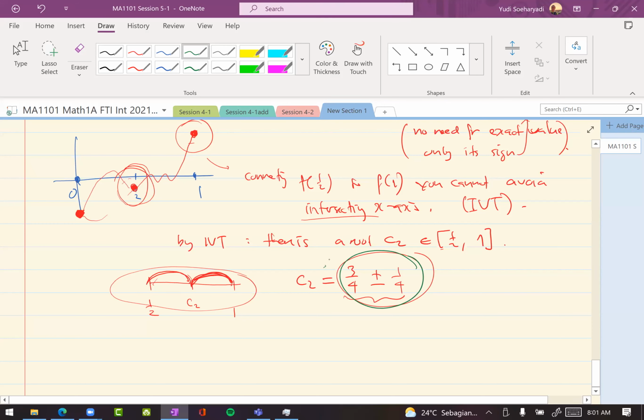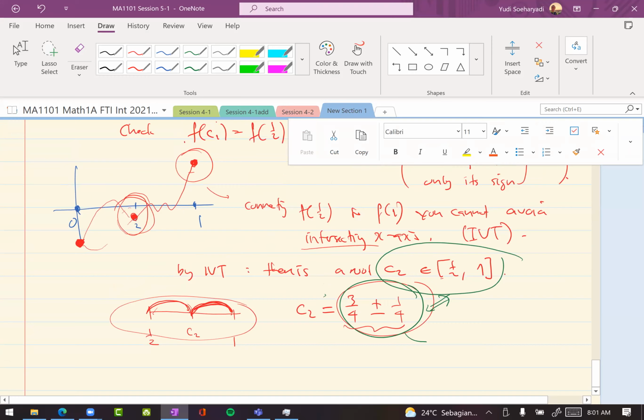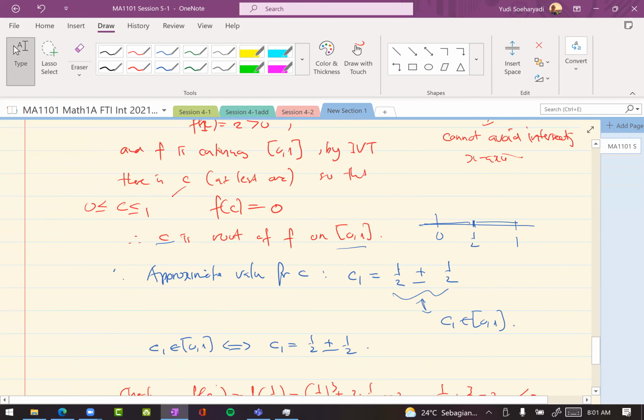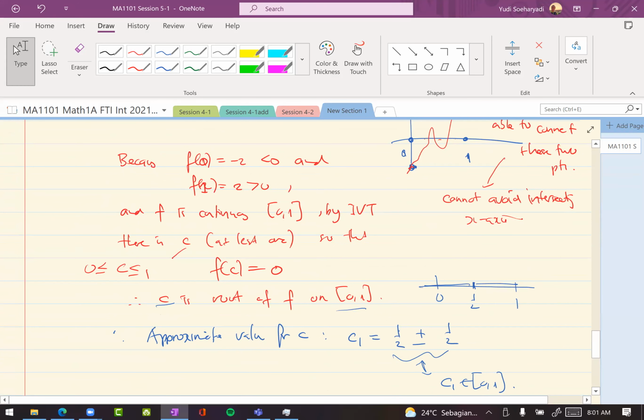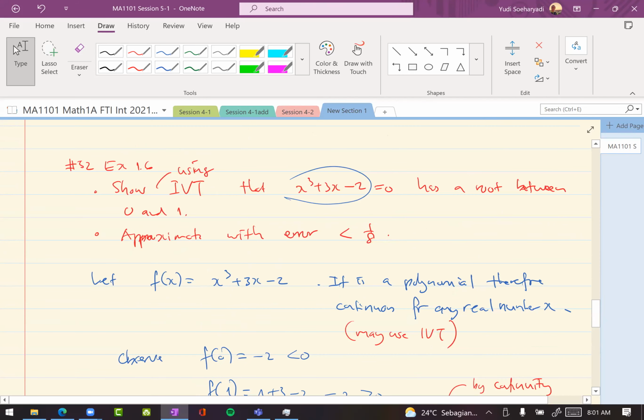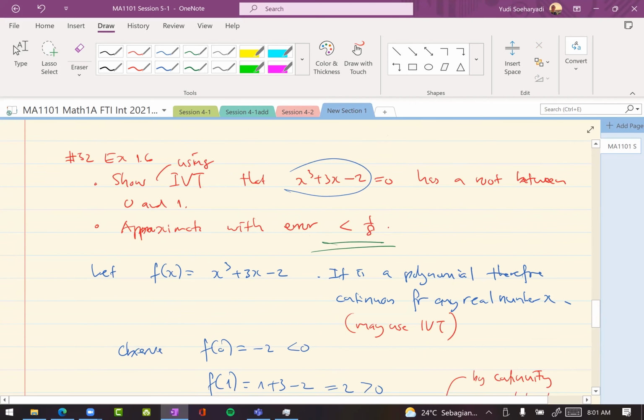This expression and this expression are actually the same thing. So the error is 1/4. This is not good enough, because what we look for is an error of 1/8. So let's do this one more time.